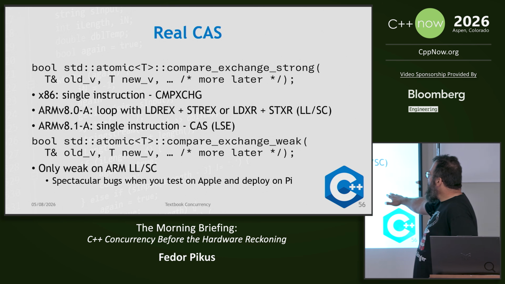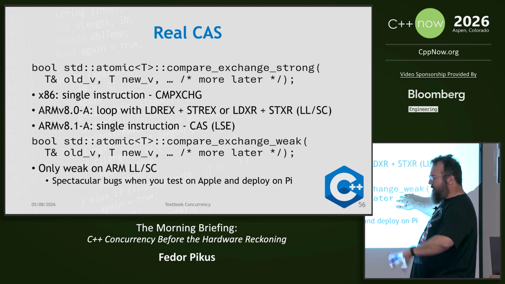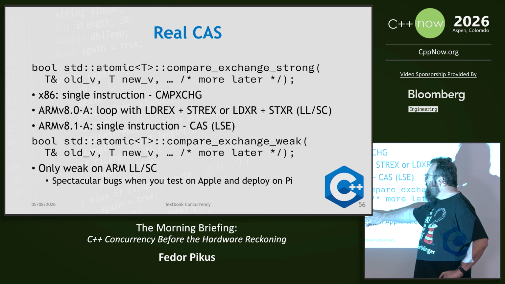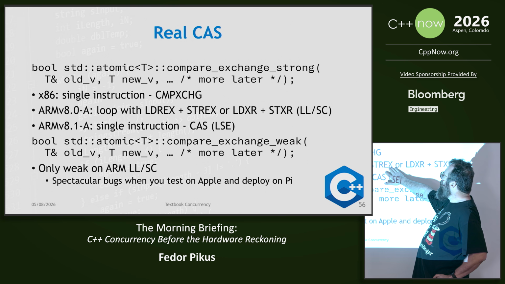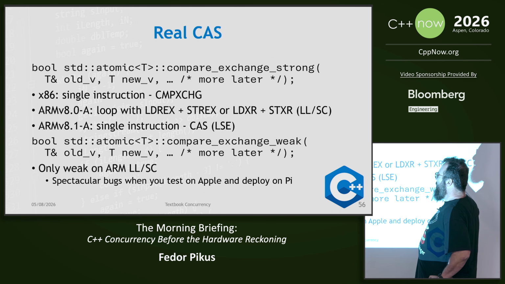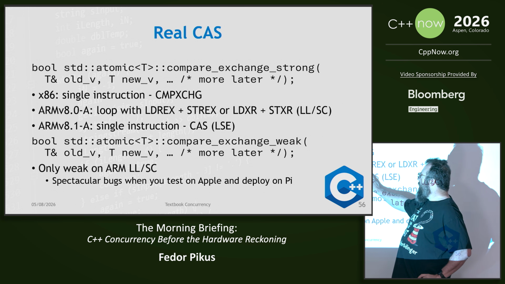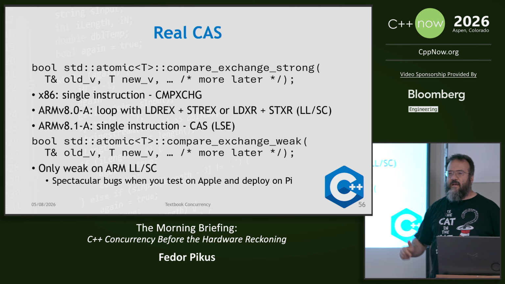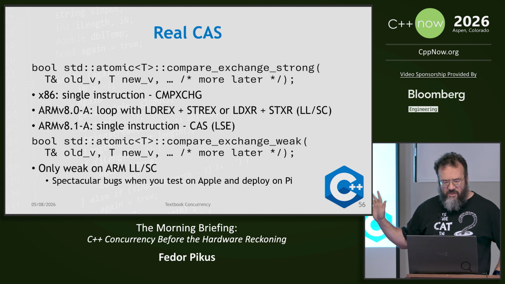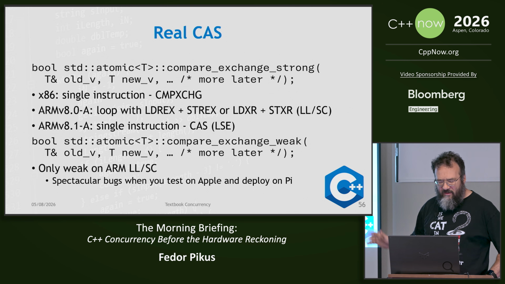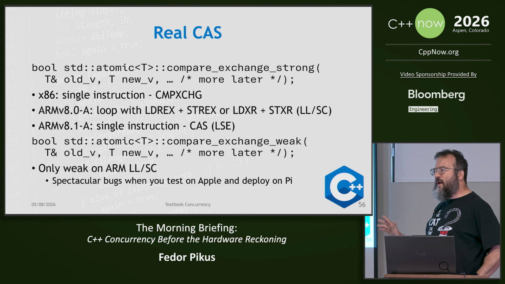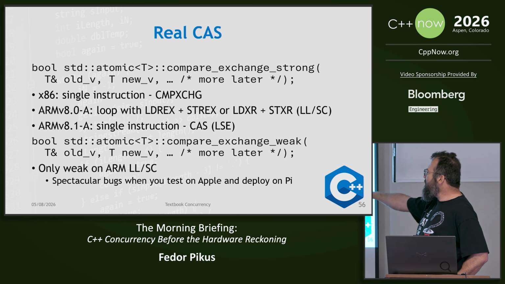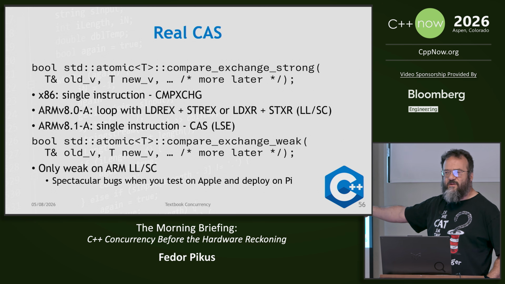There is also compare exchange weak. Okay, we might have to skip that. It only really exists on ARM, and only if you're using this older model. The CAS instruction on ARM, actually, there's only one. It implements compare exchange strong. So compare exchange weak kind of disappears, and creates spectacular bugs if you develop on a system with LSE and then run your code on a system with LL/SC.